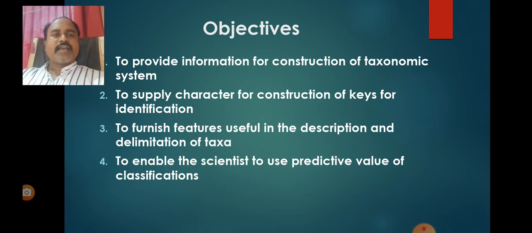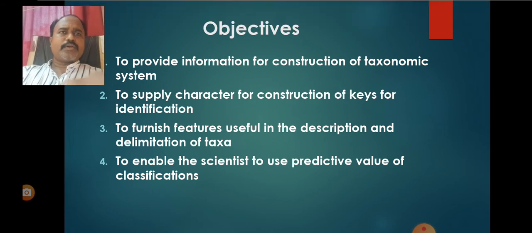So this capacity has to be developed. That is the fourth objective, and that capacity we have to develop in every botanist, every botany student. So that's why this systematic study and its objective is included in our syllabus by Mumbai University.